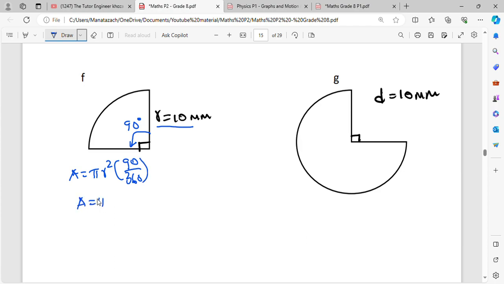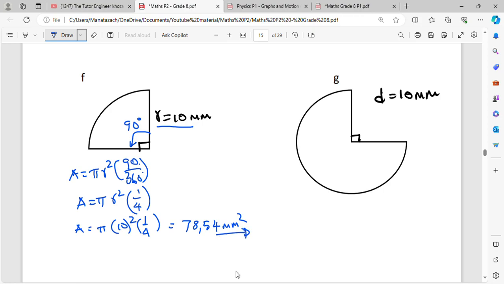You can further simplify your formula as 90 divided by 360 is actually 1/4. So here you'll replace r by 10. Then from here on you will calculate your area, which will give us 78.54 squared millimeters.